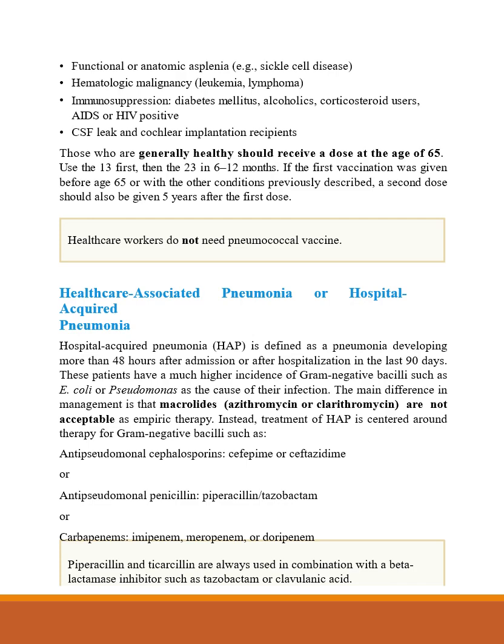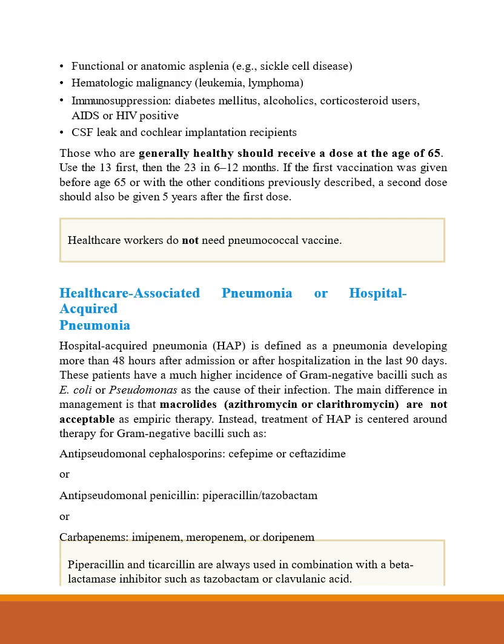Let's talk about healthcare-associated pneumonia or hospital-acquired pneumonia. HAP, or hospital-acquired pneumonia, is defined as pneumonia which develops more than 48 hours after admission, or after hospitalization in the last 90 days.